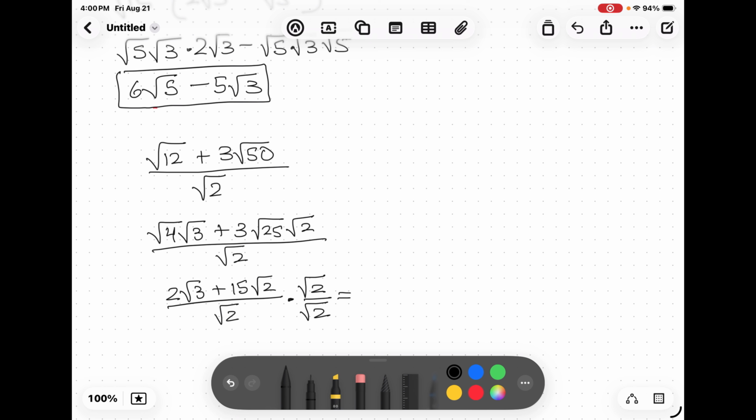Let's distribute. I'm going to distribute the rad 2. That will give me 2 rad 6 plus, and then when I distribute, I get a rad 2 times rad 2, which is 2 times 15 will give me 30, over 2.